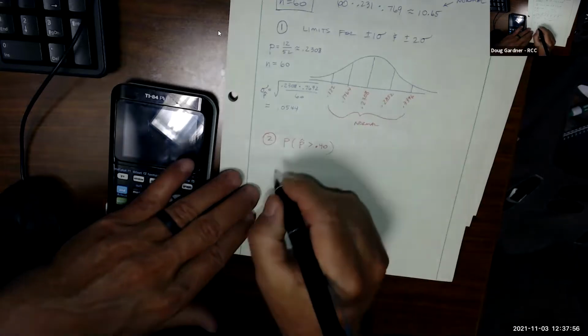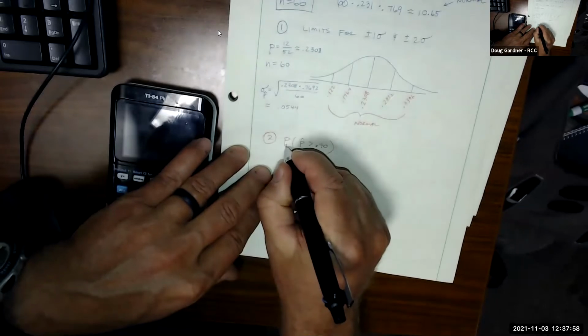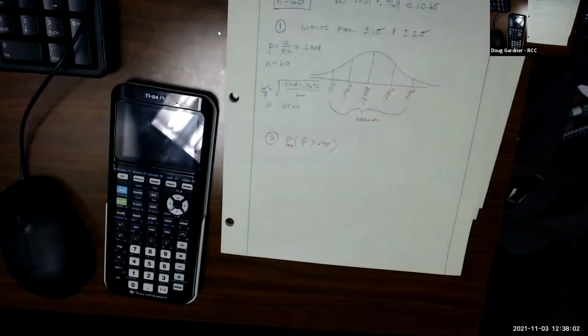P gets used a lot here. I'm going to rewrite this as probability so it doesn't look like proportion. What's the probability of one sample?